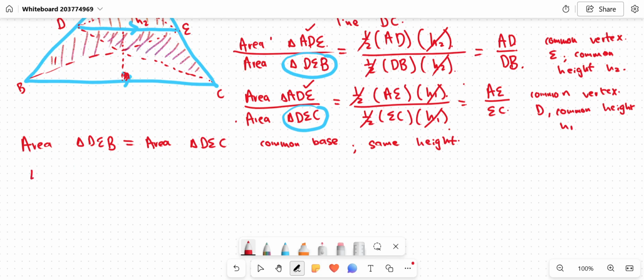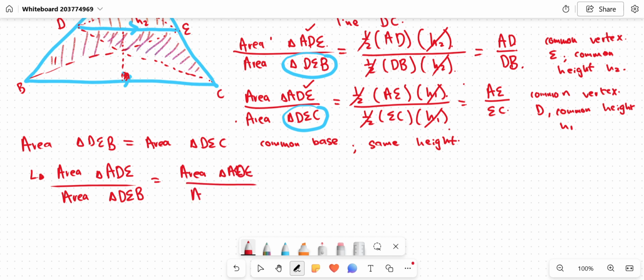So I can make this final statement here that says the area of triangle ADE divided by the area of triangle DEB is actually equal to the area of triangle ADE divided by the area of triangle DEC.